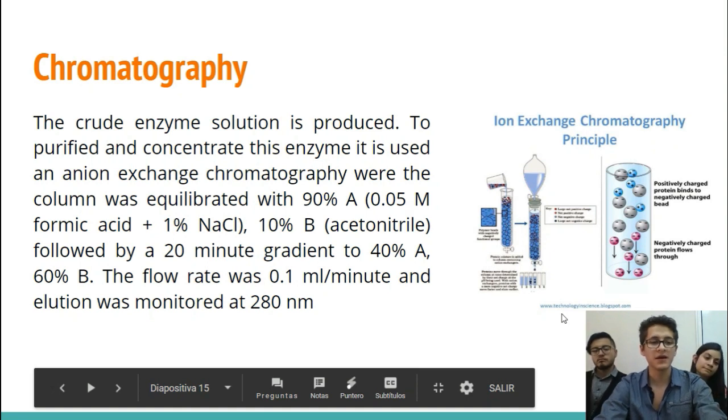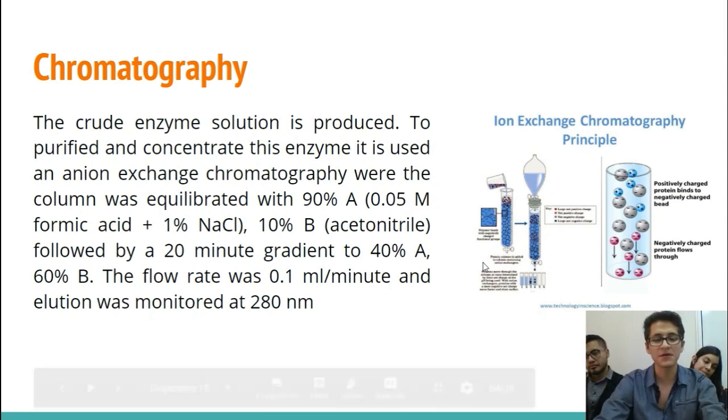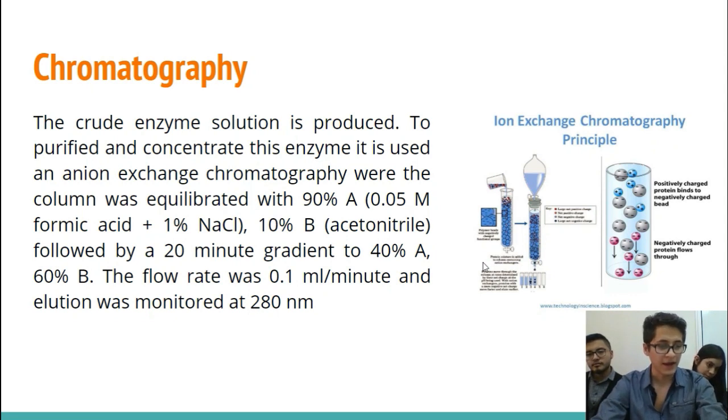For the purification, the crude enzyme solution is produced. To purify and concentrate the enzyme, we need to use an anion exchange chromatography where the column was equilibrated with 19% of 0.05 moles of formic acid and 1% of sodium chloride, in addition to 10% of acetonitrile, followed by a 20 minute gradient to 40% of formate and 60% of acetonitrile.